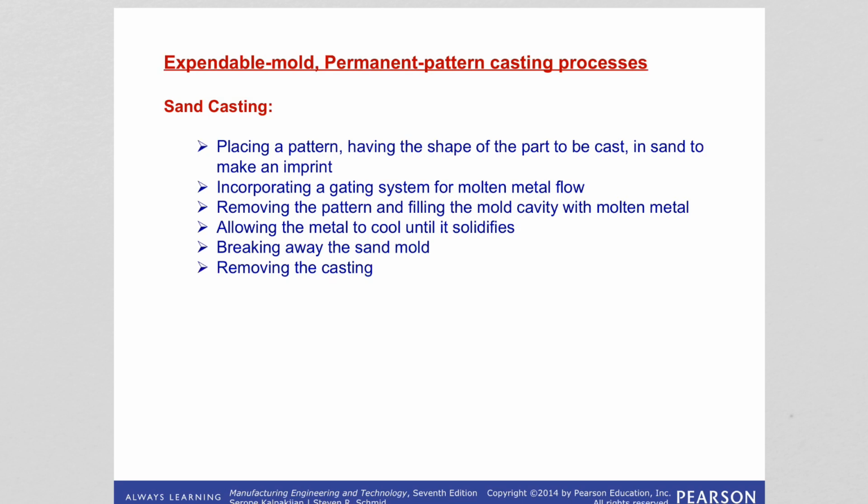Then we remove the pattern and fill the mold cavity with the molten metal. Then we allow it to cool down until it solidifies. After it solidifies, we break away the sand mold, which we cannot use again, and then remove the casting. So these are the common steps of sand casting.